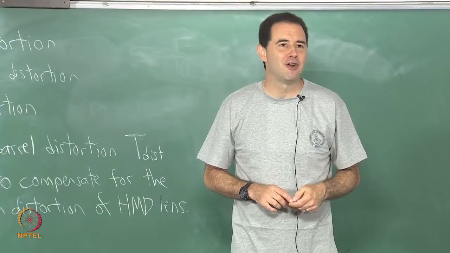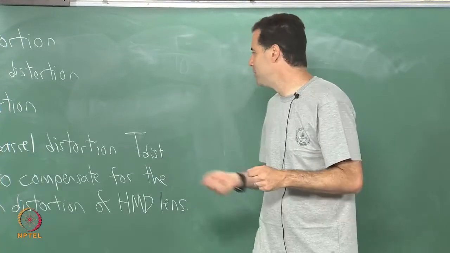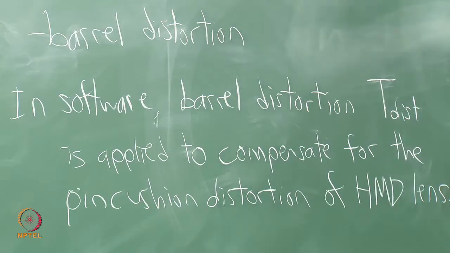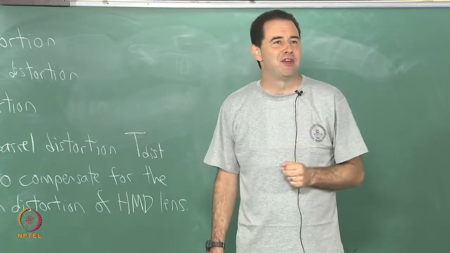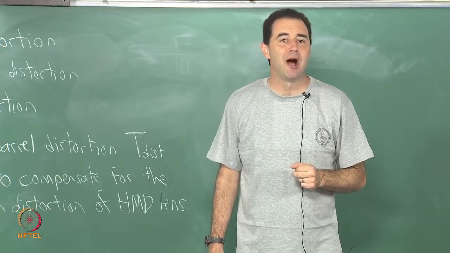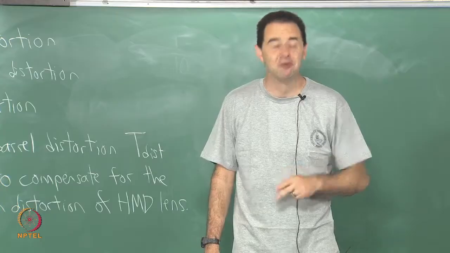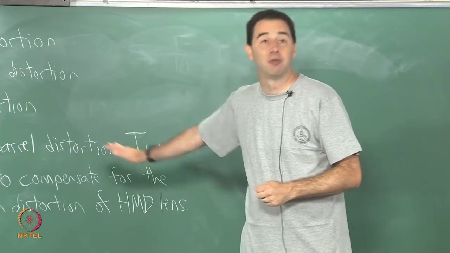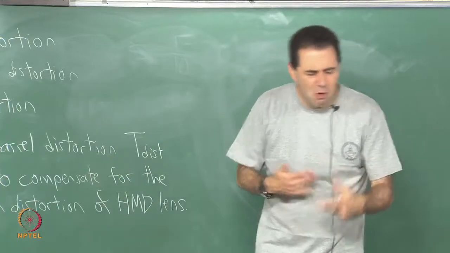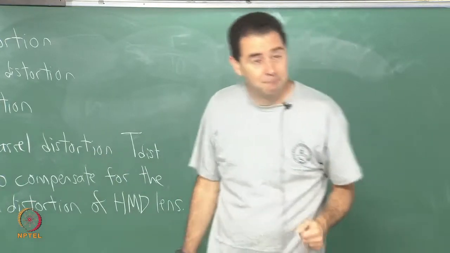It's very, very hard to tune the parameters of your barrel distortion in software so that it compensates perfectly. There are a couple of interesting reasons for that. Mainly the problem is that human perception is involved and the human optical system is involved and your eyes move. All of this together causes some great trouble in trying to fix this problem, which I'll give you more understanding of as we go on.